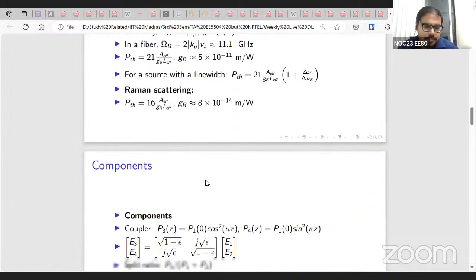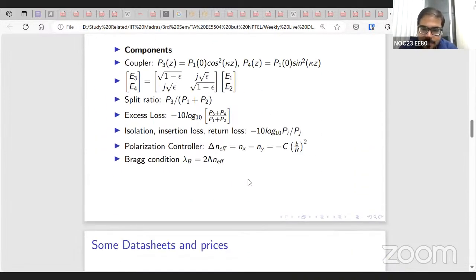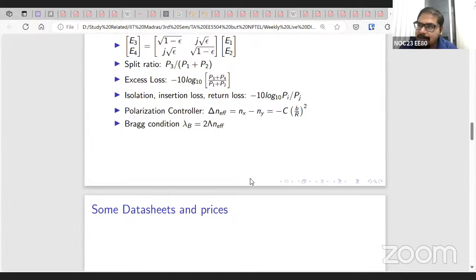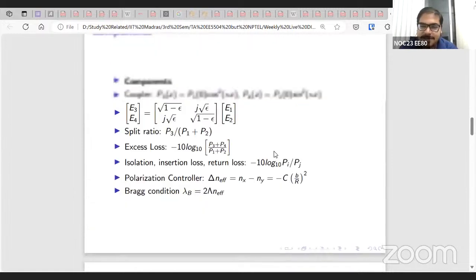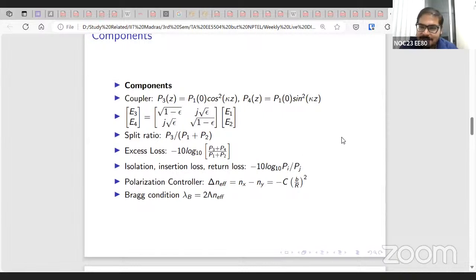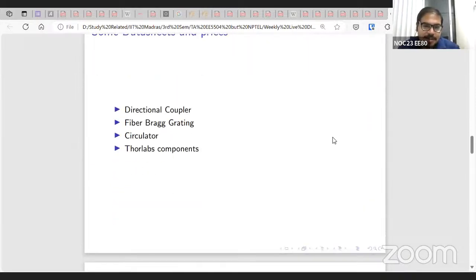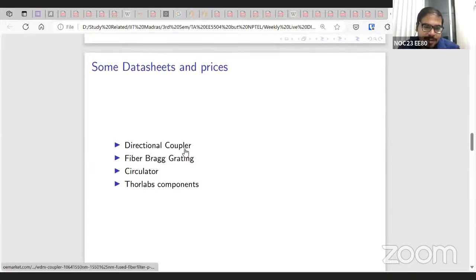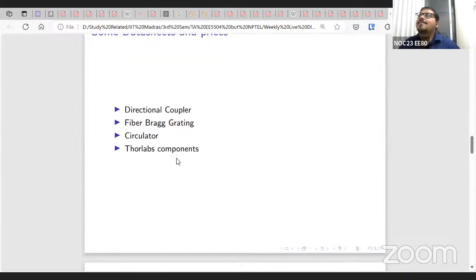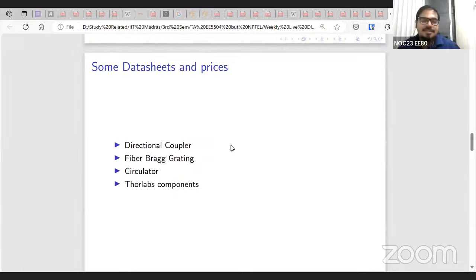And some of the component questions there, I hope there isn't much trouble. Not everything is directly from the classes, but I hope you can find the solutions. Before that, look at a few data sheets. In class, ma'am showed these components, but they were in the corner of a video.